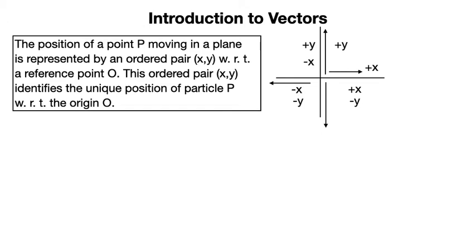The position of a point P in a plane can be located, can be expressed in terms of an ordered pair (x, y) with respect to a reference point O. This ordered pair (x, y) identifies the unique position of particle P with respect to the origin O. As you will see here, P is a point. Given a certain value of x and a certain value of y, that is, with an ordered pair (x, y), you can locate the position of the point P.